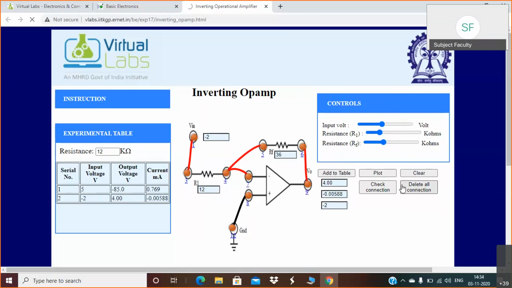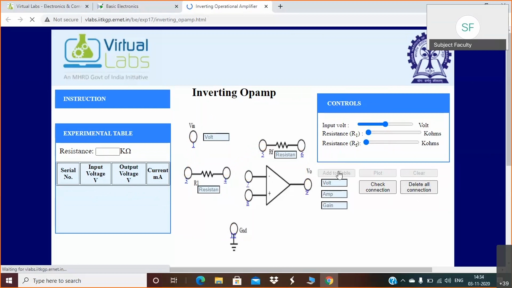We'll make the connections one more time and then we will see. Okay, so inverting op-amp. All right, now I'm doing the connections one more time.